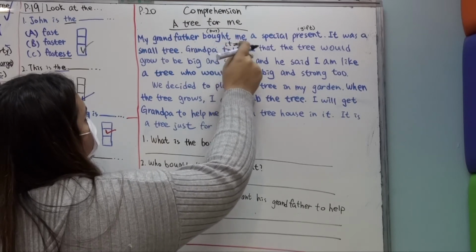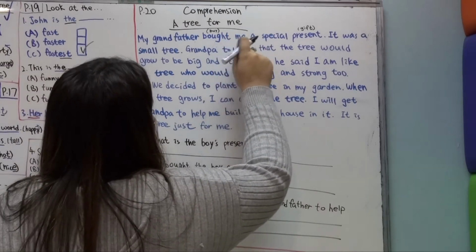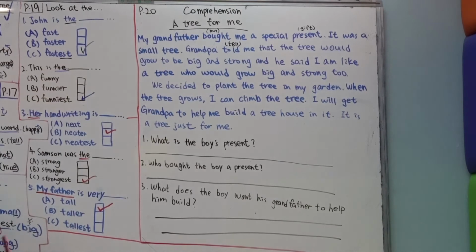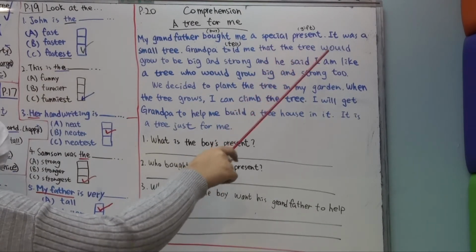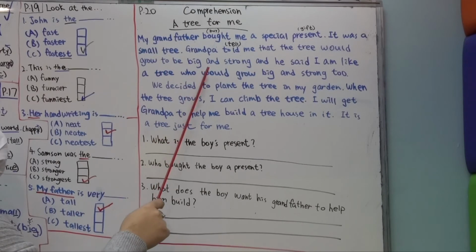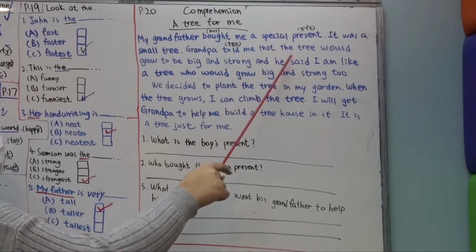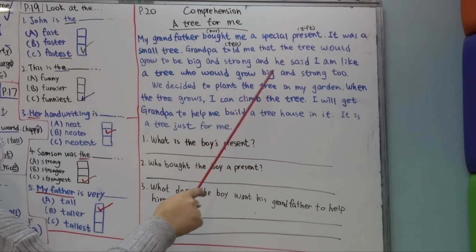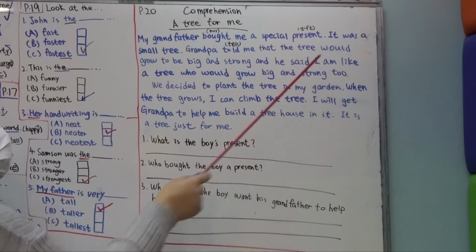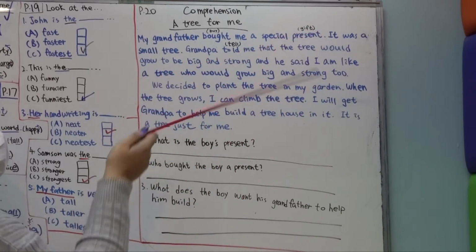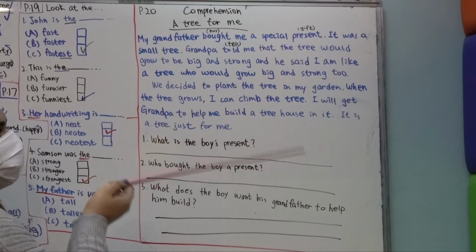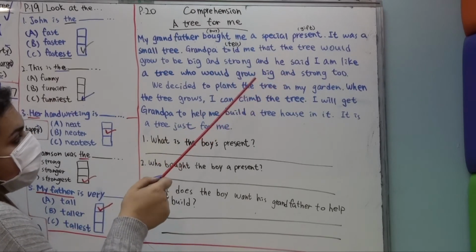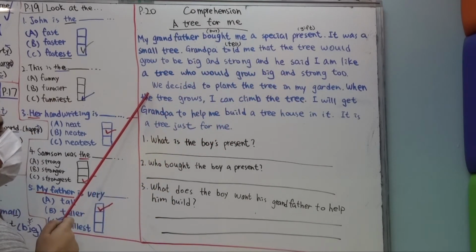This is the meaning of tell. The tree would grow to be big and strong. And he said, I am like a tree who would grow big and strong too. Grow. Okay? Something gets bigger and bigger. You also grow. We also grow, right? Okay, big and strong.